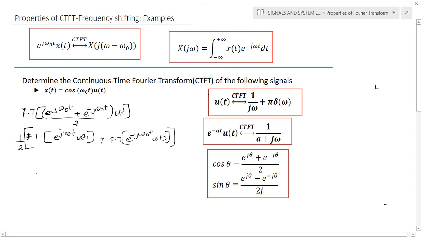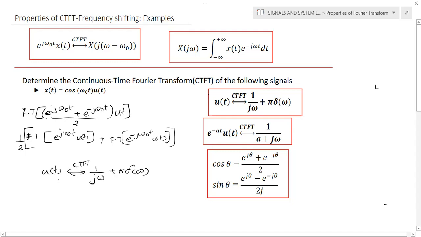The transform of u of t is simply 1 by j omega plus pi into del of omega. This is the transform of the step signal, continuous time Fourier transform.